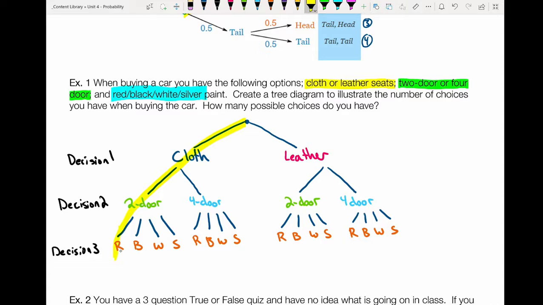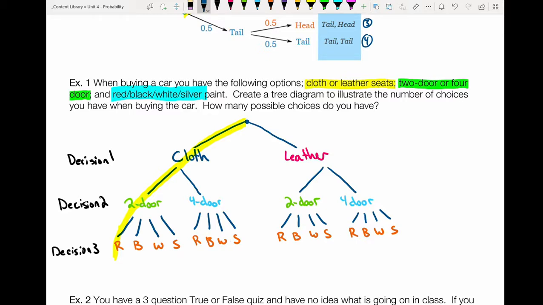Cloth, two-door, red paint. So how many possible choices in total do we have? You could go through and count each individual pathway, but an easy thing to do is just count the bottom. There's 1, 2, 3, 4, 1, 2, 3, 4, 1, 2, 3, 4, 1, 2, 3, 4.